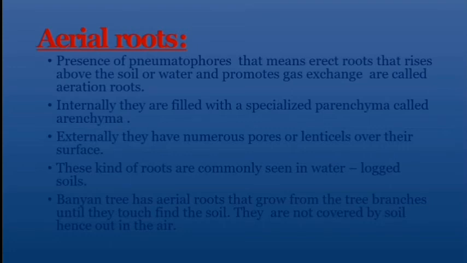Externally, there are numerous pores over their surface. These kinds of roots are commonly seen in waterlogged soils. Example, banyan tree. Yes, the banyan tree has aerial roots that grow from the tree branches until they find the soil. They are not covered by soil at any time, hence they are out in the air.